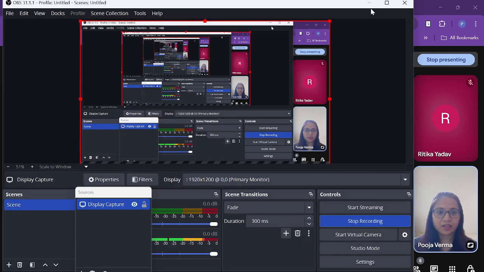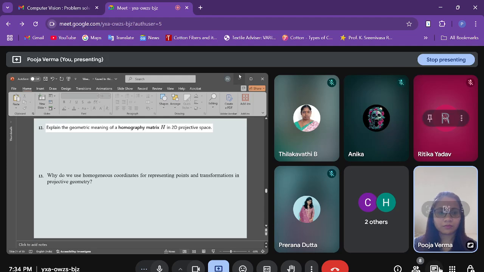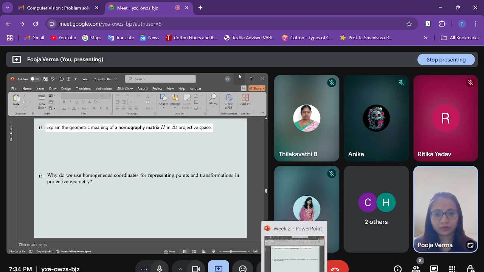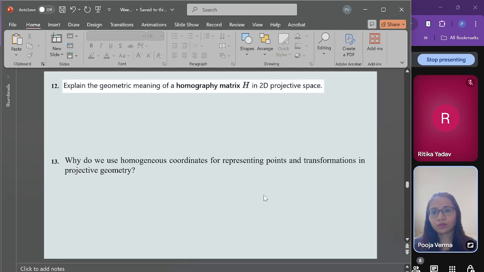Please answer at least. Okay, so what is the geometric meaning of a homography matrix H in the 2D projective space?